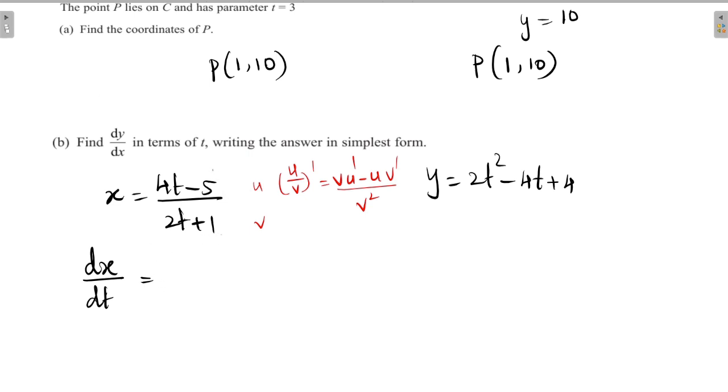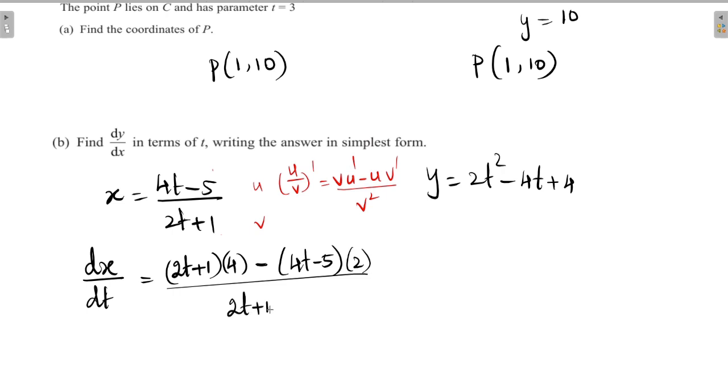So differentiation is 2t plus 1, v into u dash, that is differentiation of the numerator, 4, minus 4t minus 5 times differentiation of the denominator, that is 2, divided by v squared, 2t plus 1 the whole squared.